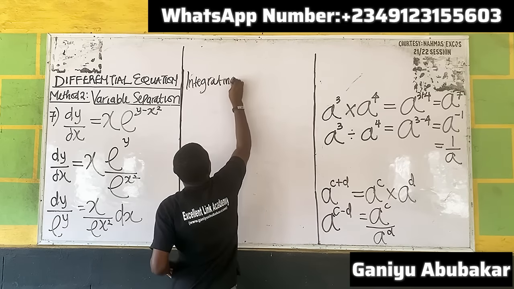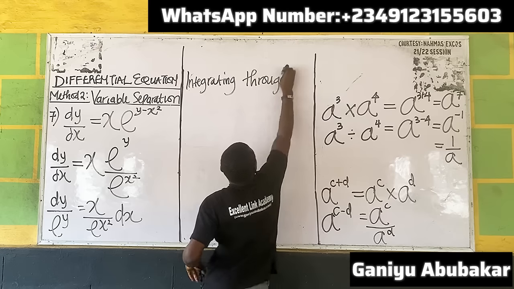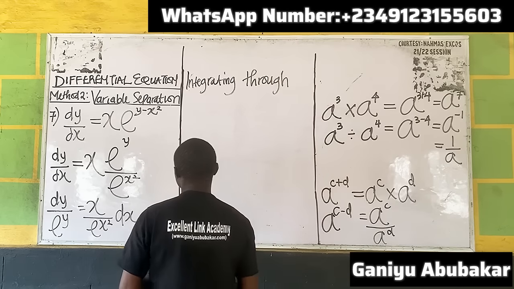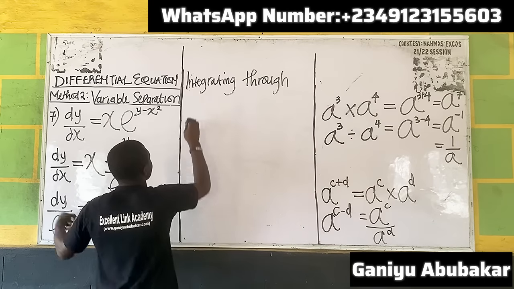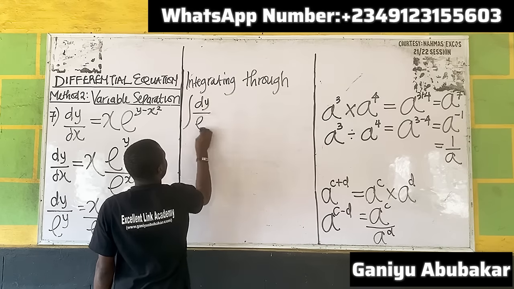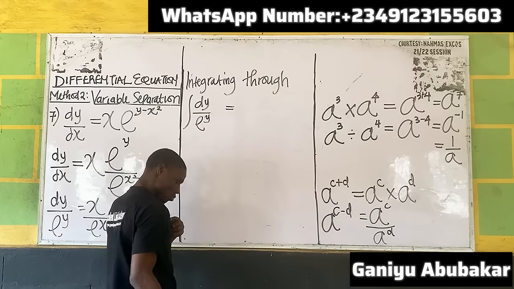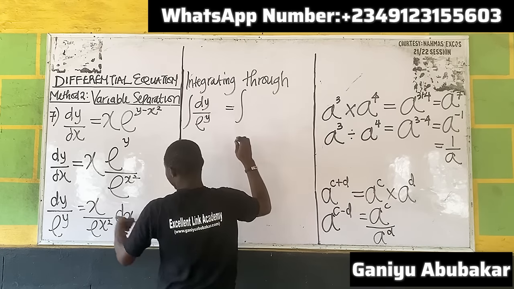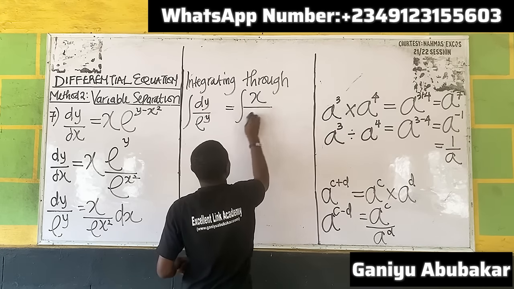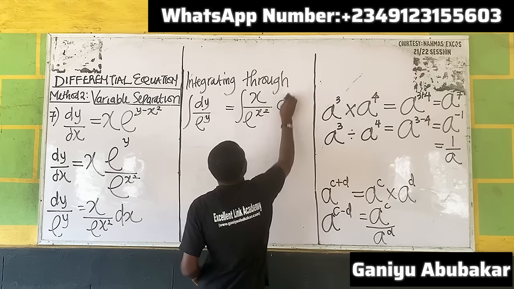Integrating through, that gives you the integral of dy over exponential y is equal to the integral of x all over exponential x squared dx.